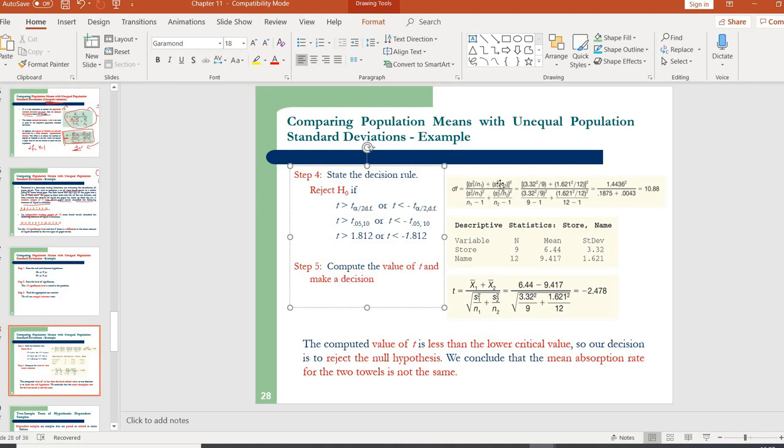You replace everything in this formula and you get 10.88 degrees of freedom. So we can just take 10 degrees of freedom. Don't round up, you just take 10 degrees of freedom.